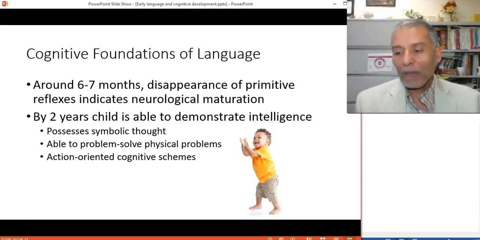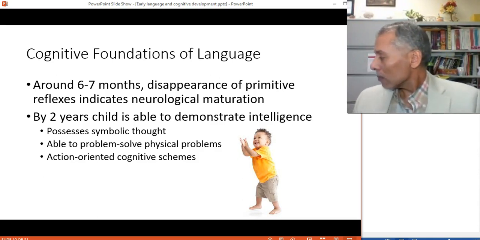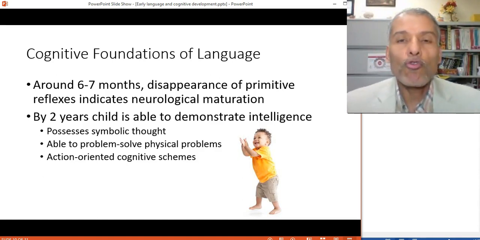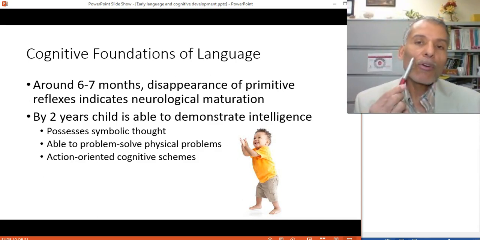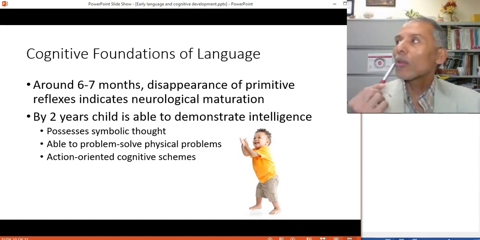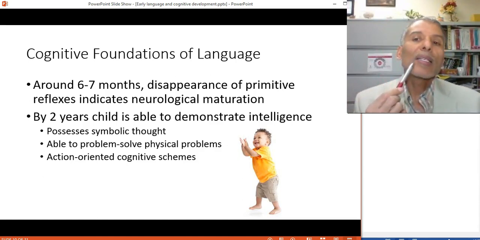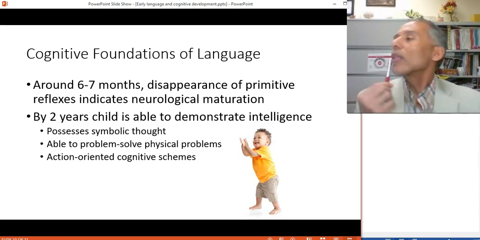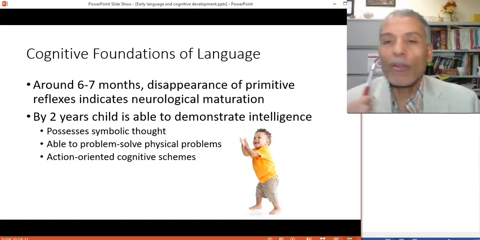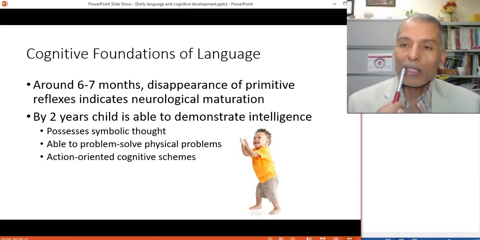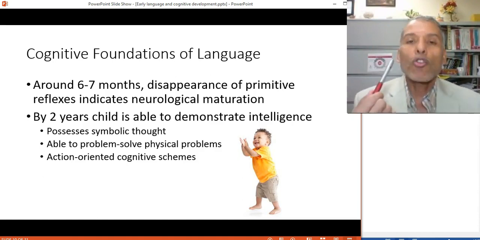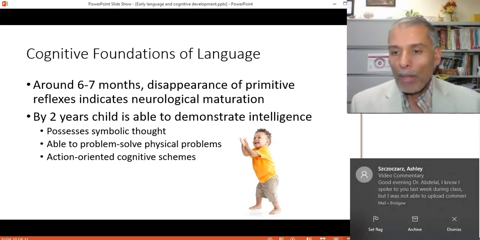Another kind of reflex is called the rooting reflex. If you stroke the side, the corner of the mouth, the baby turns around trying to put it in his or her mouth. That's called the rooting reflex.